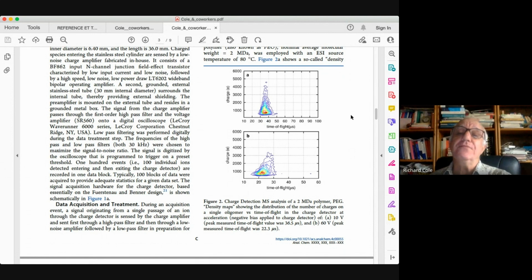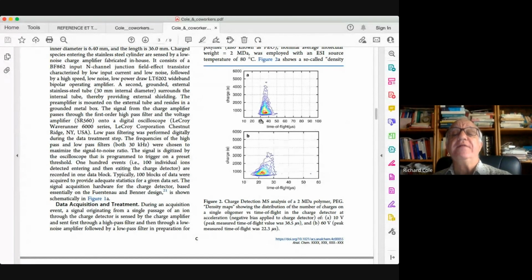What we've done here is we're really looking for the peak signal, because that's going to give us something reproducible that we can try to get a good mass measurement on.